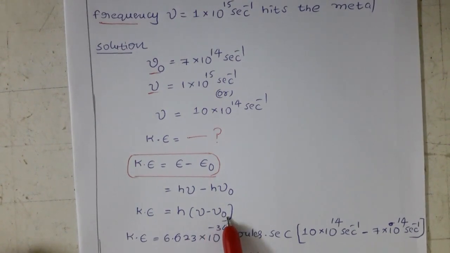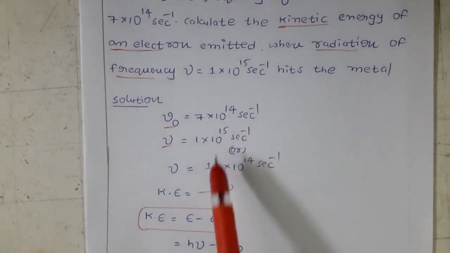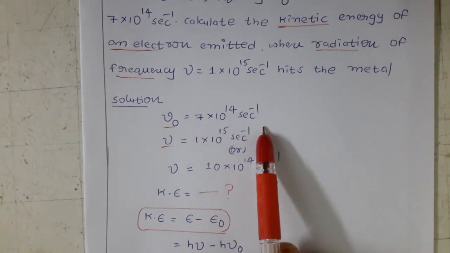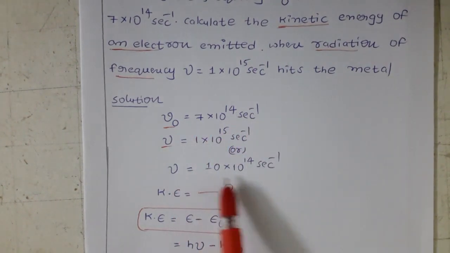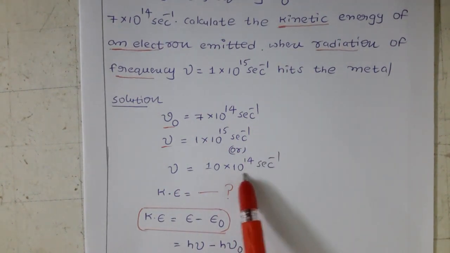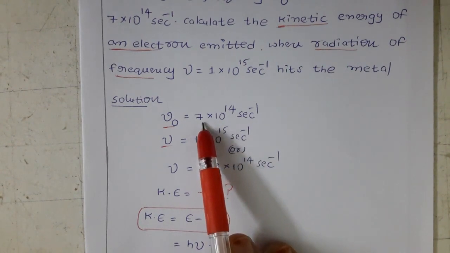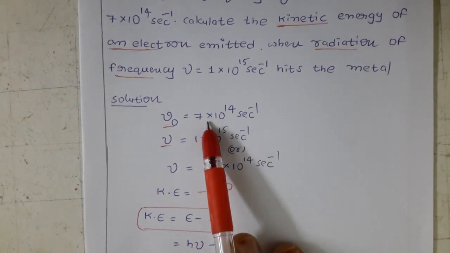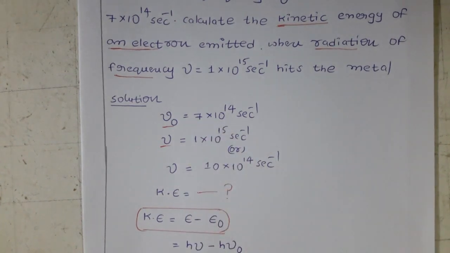Here mu naught is 7 into 10 to the power of 14 and mu is 10 into 10 to the power of 14. Comparing the two, 10 is more than 7, so mu is greater than mu naught, and only then can we see the photoelectric effect.